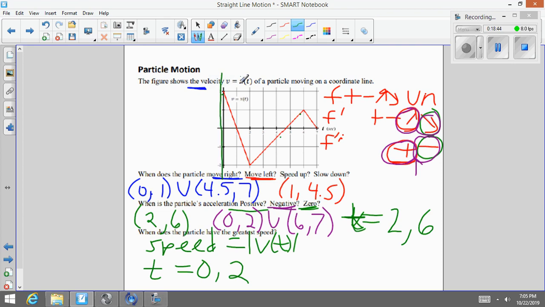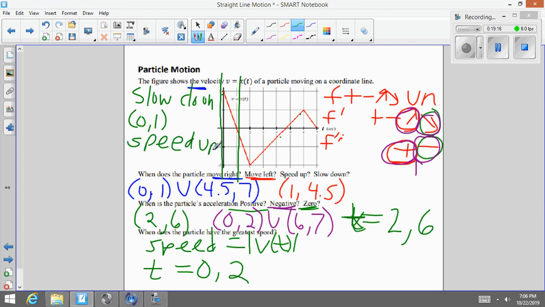From 0 to 1, your velocity is positive because the graph is above the x-axis, but your acceleration is negative because the graph is decreasing. So from 0 to 1, the particle would be slowing down. Okay, and then I'm going to add speed up.